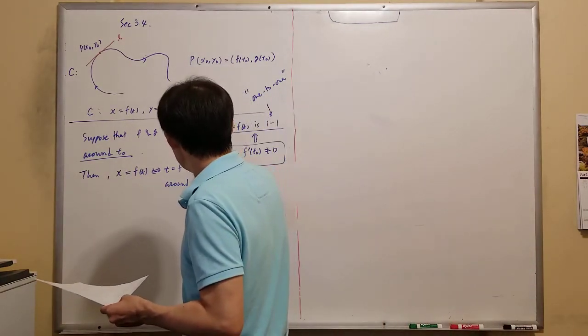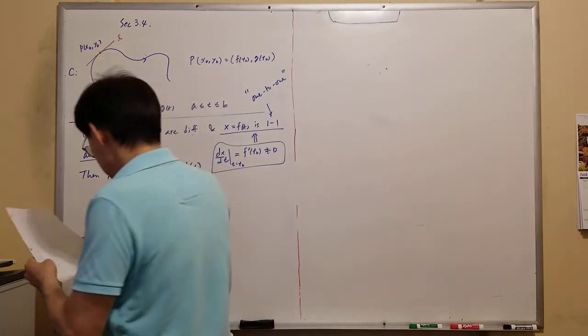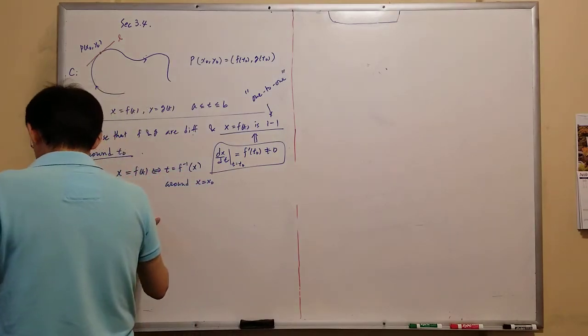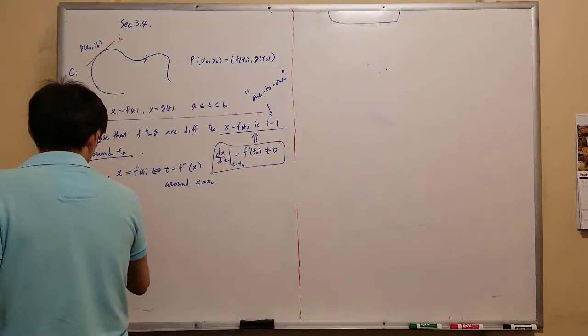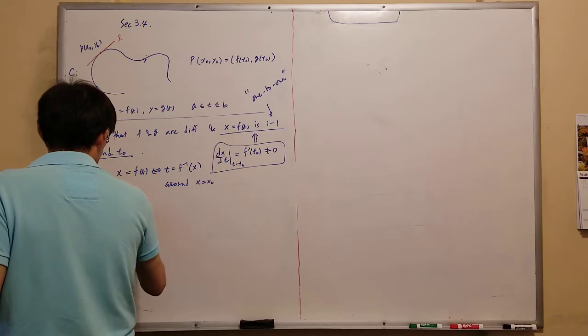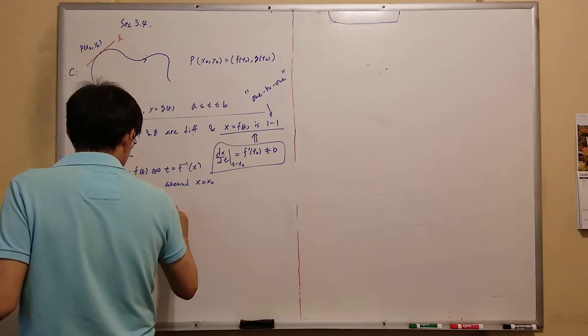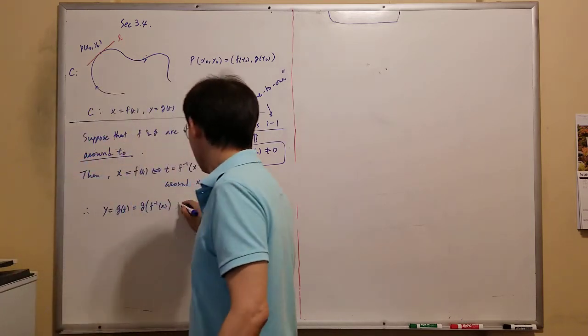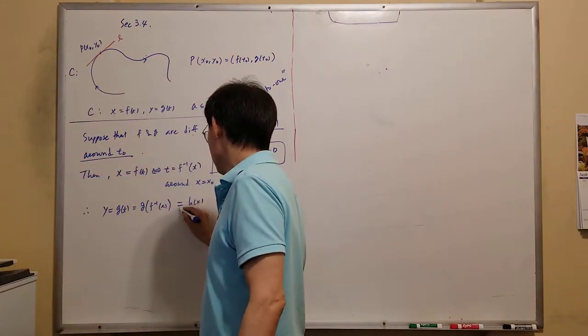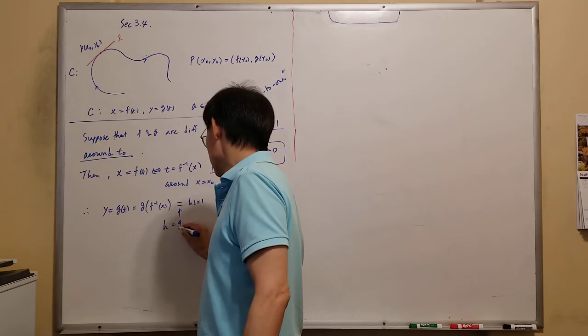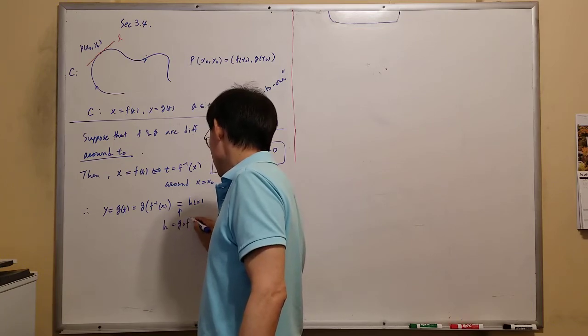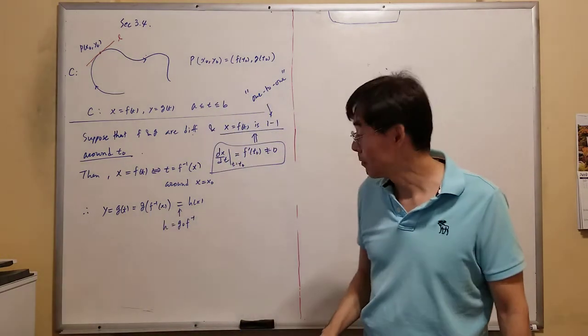Then, therefore, your y, which is g of t, is g of f inverse of x. I'm going to call it h of x, by defining h as nothing but the composite function of g and f inverse.